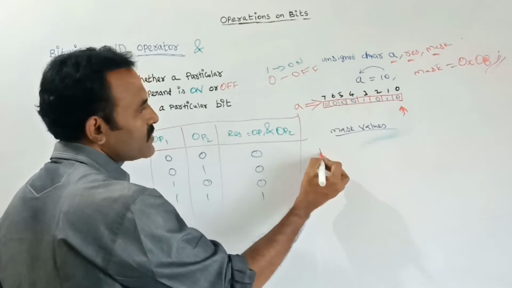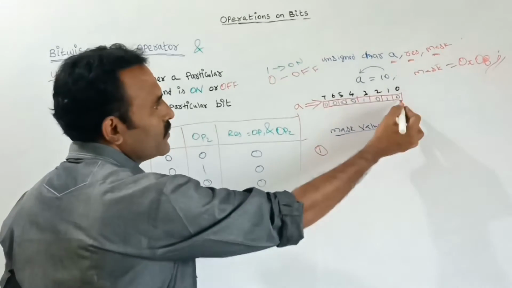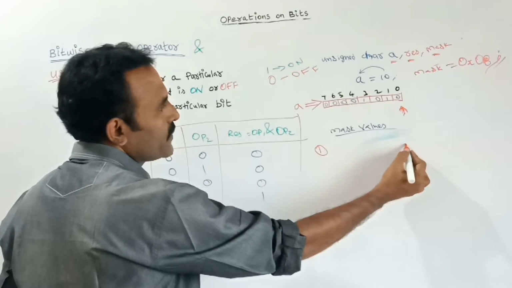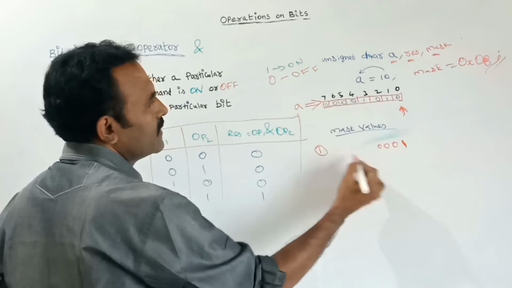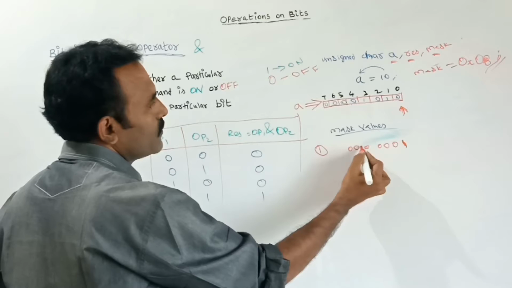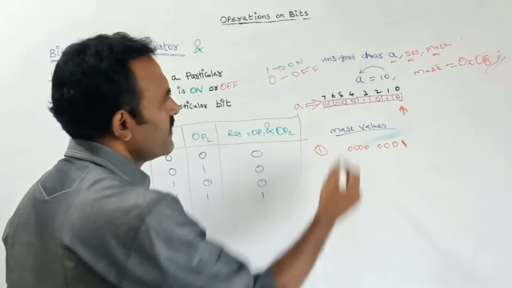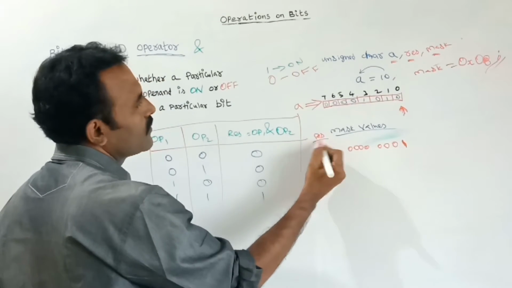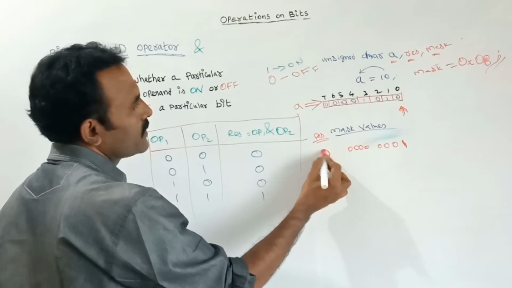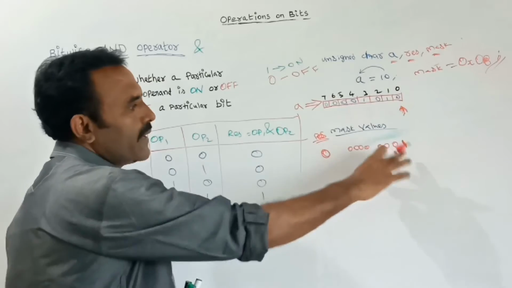For this mask value, the corresponding 0th position you should put as 1. Remaining every bit value is 0. This is the mask value for finding the 0th position. Here this is the binary value.